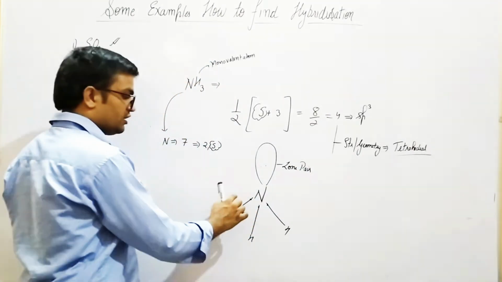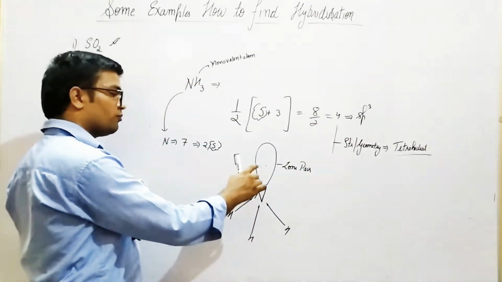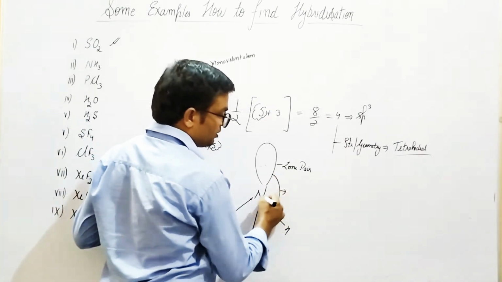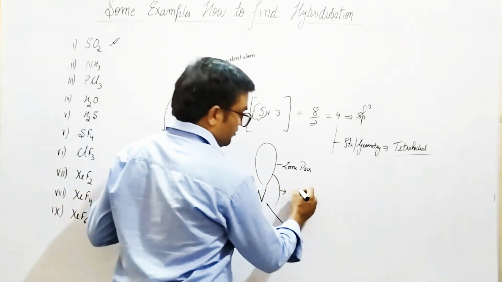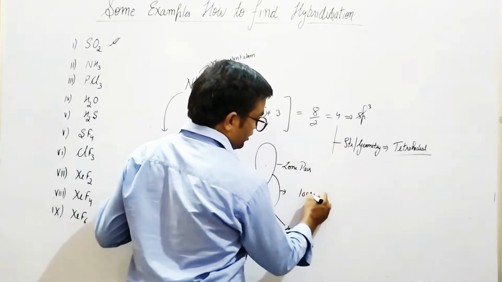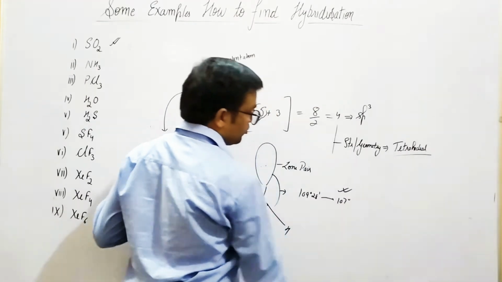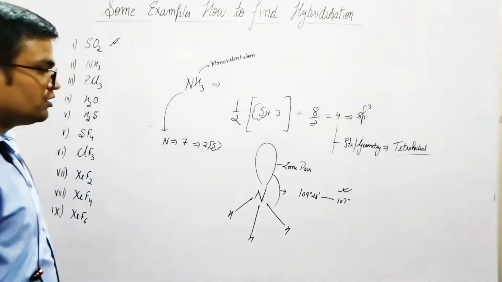Therefore it has 3 bond pairs and 1 lone pair, and due to this lone pair, its angle will deviate from 109 degree 28 minutes to 107 degree due to lone pair bond pair repulsions.